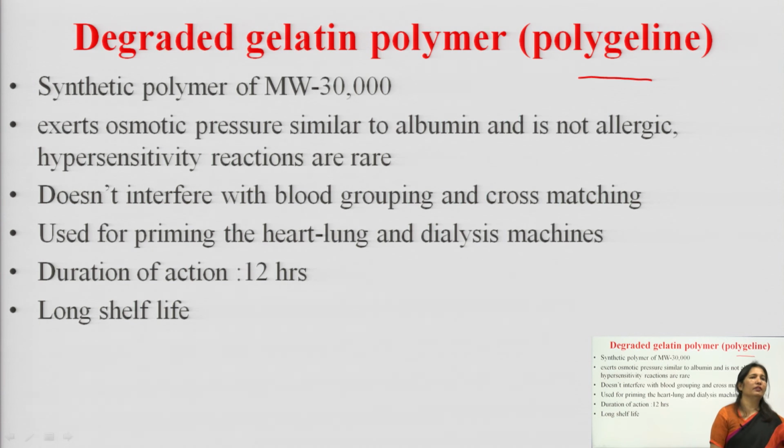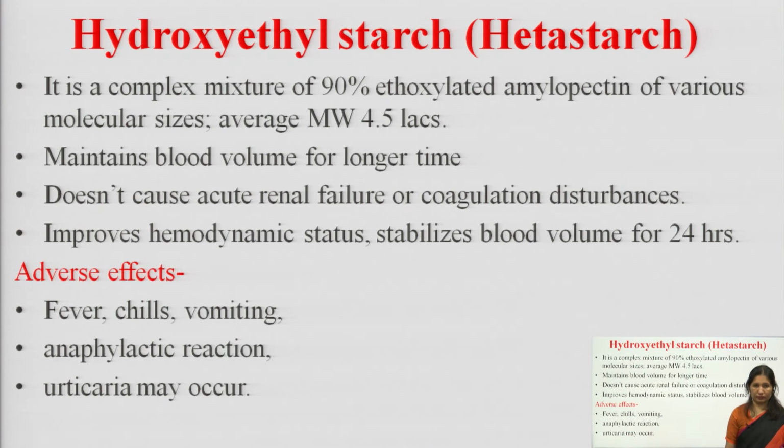It does not interfere with blood grouping and cross matching. It is used for priming the heart-lung and dialysis machines. Its duration of action is 12 hours and it has a longer shelf life.